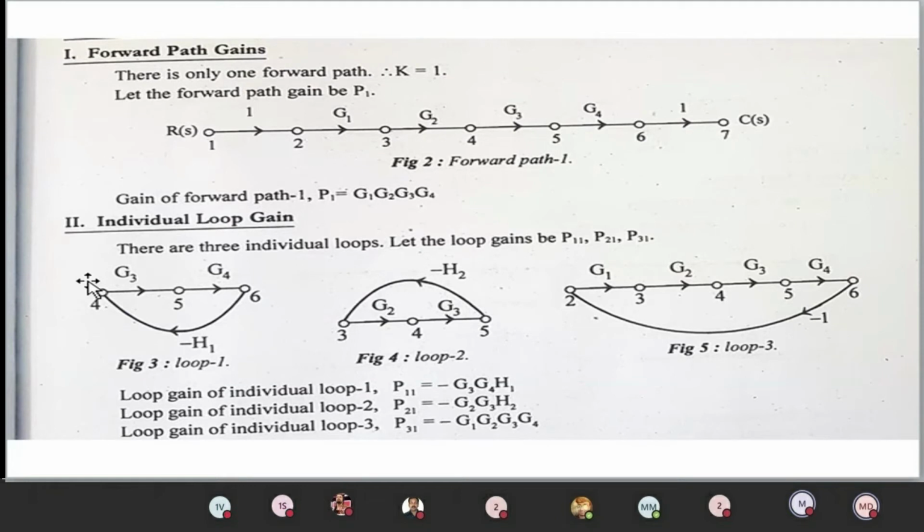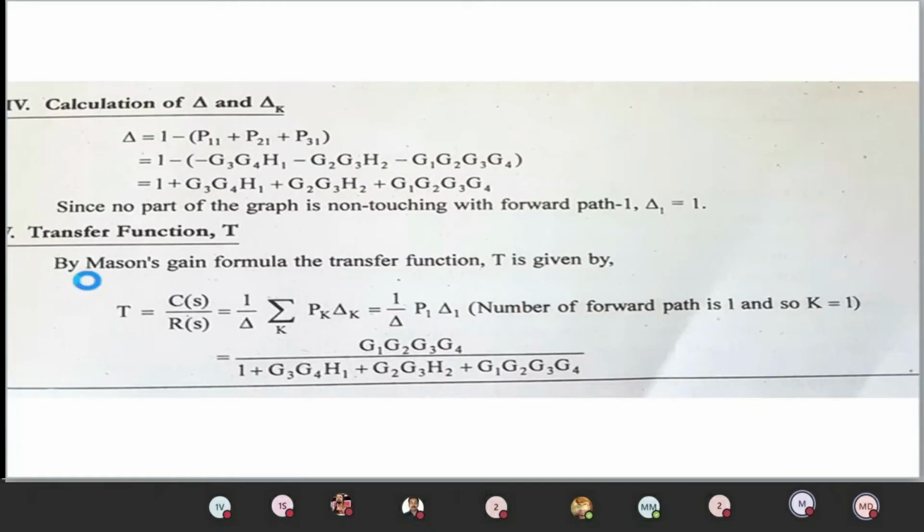So you don't have the problem of finding the product of non-touching loops. Del is nothing but 1 minus P1, plus P2, plus P3, that is, the sum of individual loop gains. Del 1 is 1 because no part of the graph is non-touching with forward path 1.